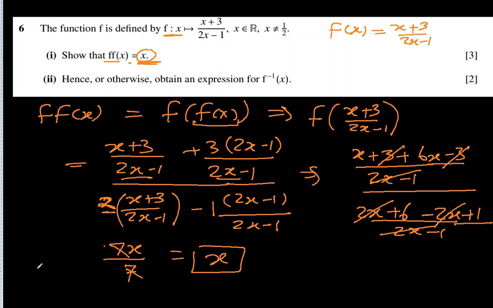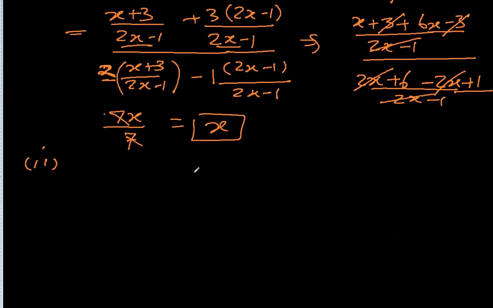Part 2. Hence or otherwise obtain the expression for f inverse x. So we just got f(x) equal to x. That means one of them, either this one or this one, is the inverse.